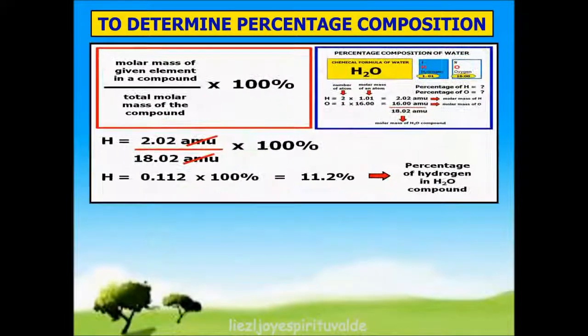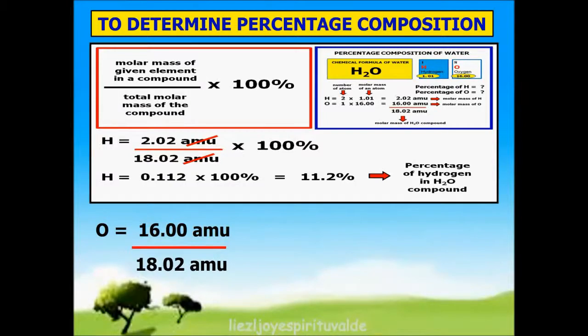For the oxygen, we will use the same equation. Molar mass of the oxygen in a given compound divided by the total molar mass of the compound times 100%. We have oxygen equals 16.00 atomic mass unit divided by 18.02 atomic mass unit.